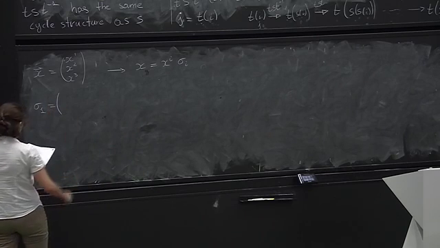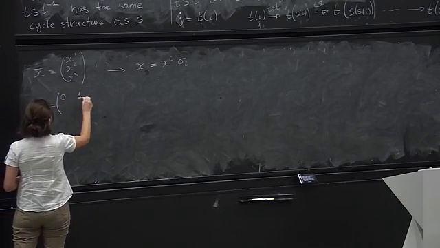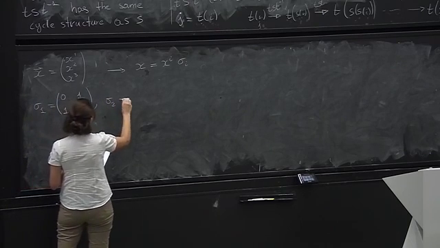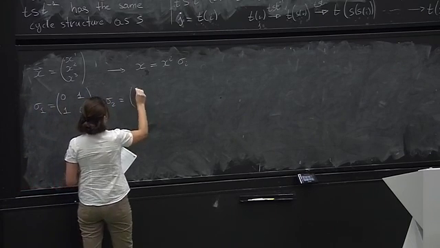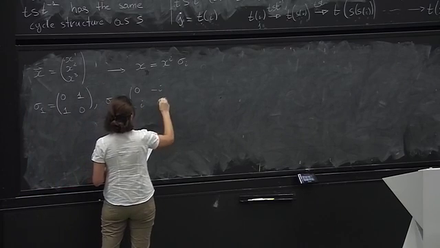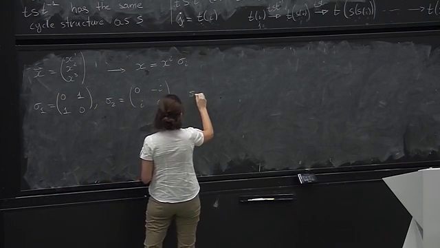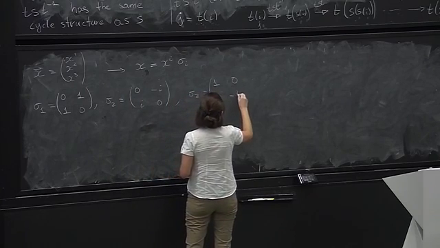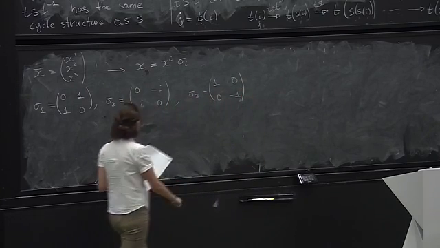Sigma 1 is 0, 1, 1, 0. Sigma 2 is 0, minus i, i, 0. And sigma 3 is 1, 0, 0, minus 1.